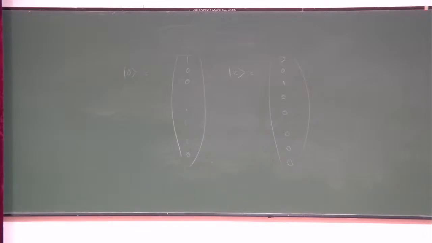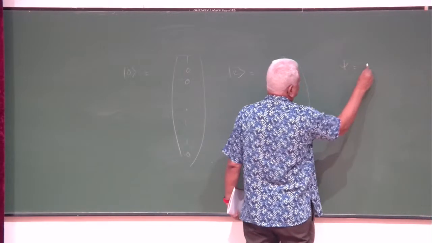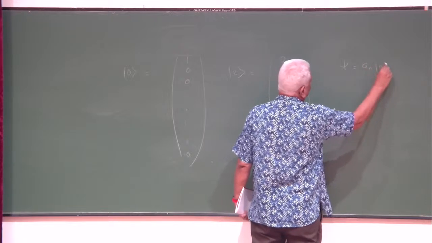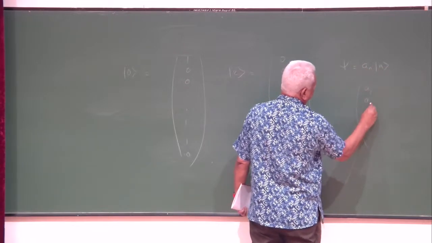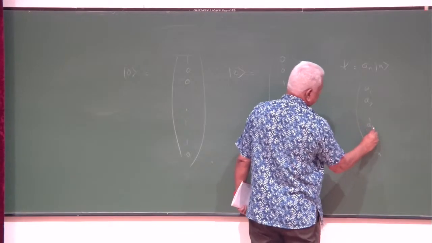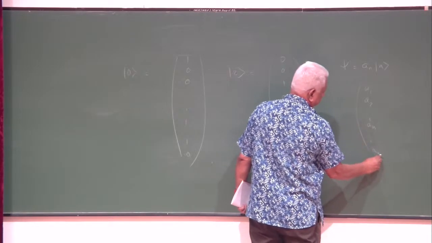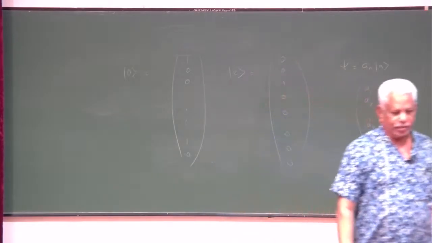Which means that if I write any state, say n, it simply means a1, a2 up to somewhere an and somewhere a infinity also. Okay, that is all that is there.